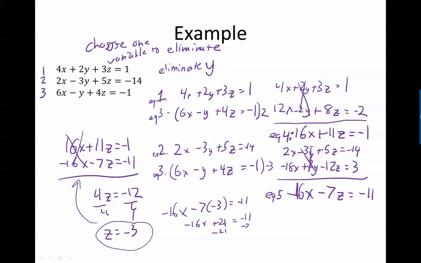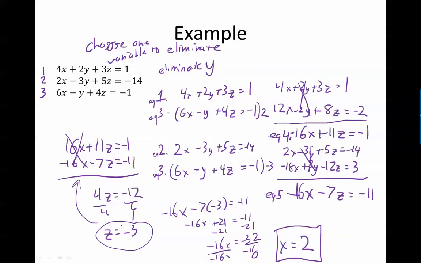Subtracting 21 from both sides gets me negative 16x equals negative 32. Therefore, the x value is 2.